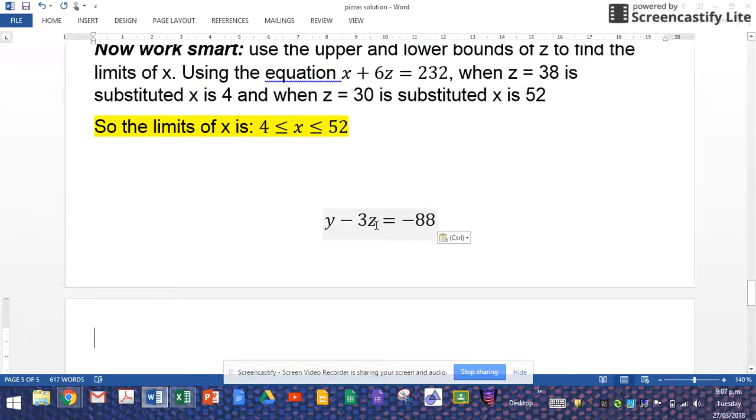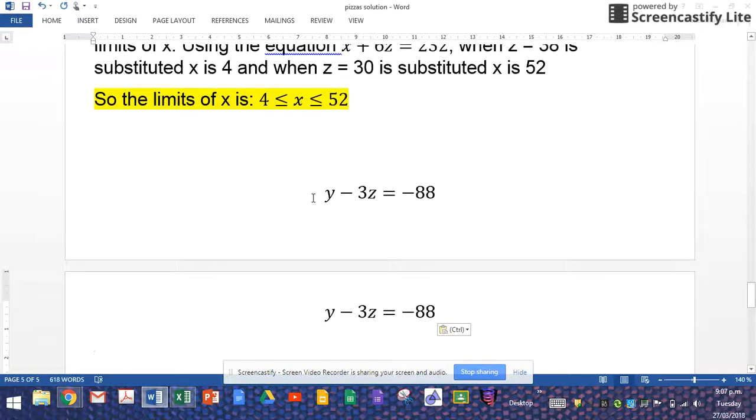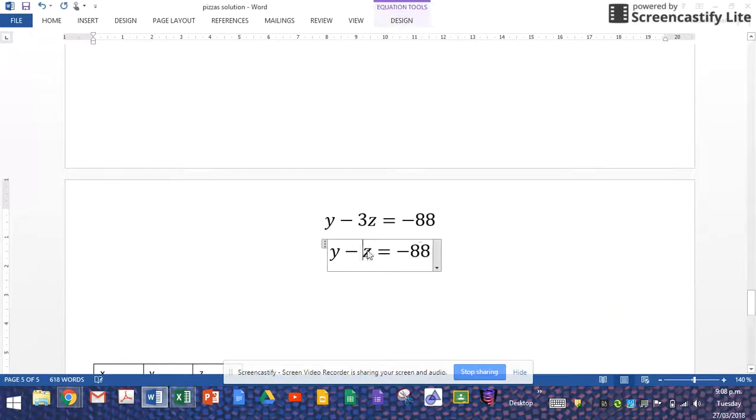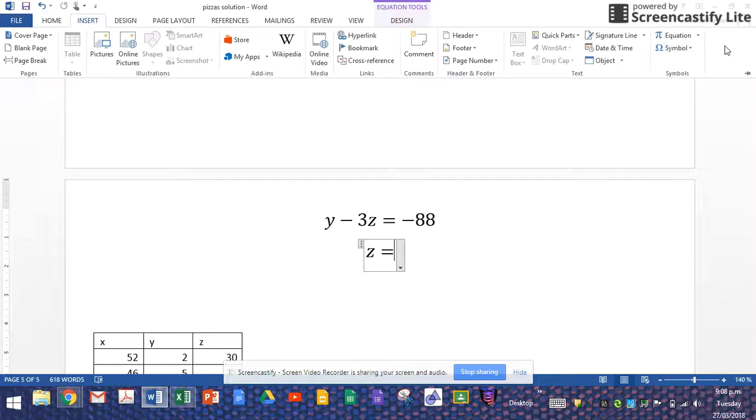Now I have made Z the subject in here. Now to make Z the subject, you all would know by now what kind of maths to do. X negative 88, take away Y, and very quickly, I should have done this, sorry folks.